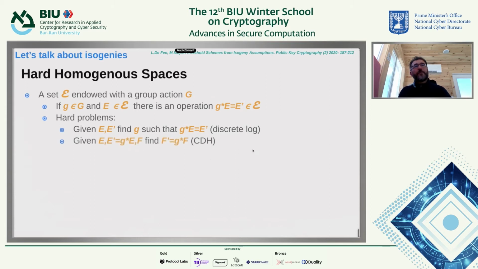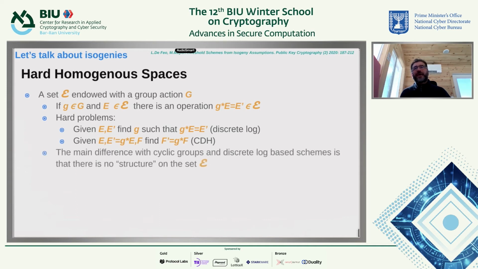The other problem is: given E and E prime, such that E prime is E acted upon by G, and given another curve F, you want to find F prime, which is G acting on F. And this, you can see, is the equivalent of the computational Diffie-Hellman problem. Okay? So those are the hard problems in this space.